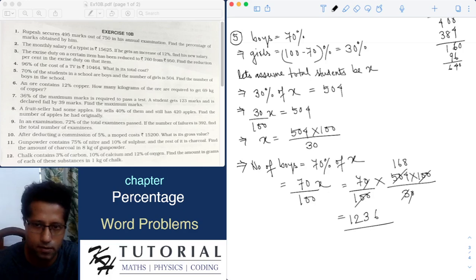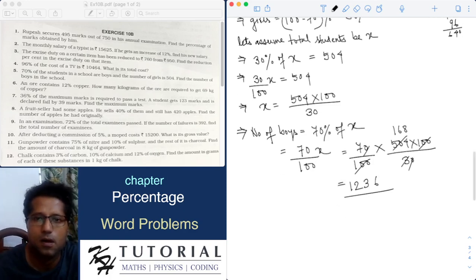So we equate 30% of X to 504. From here, we found X to be 504 into 100 by 30. The number of boys will be 70% of X. So we calculated using the value of X, and we found it to be 1236.